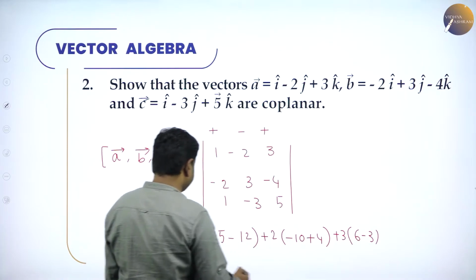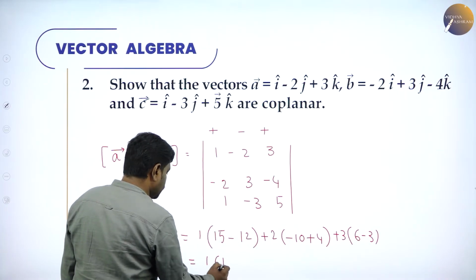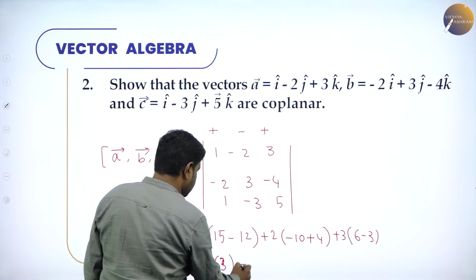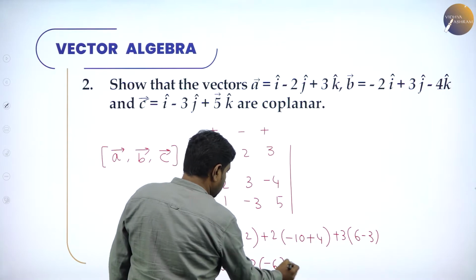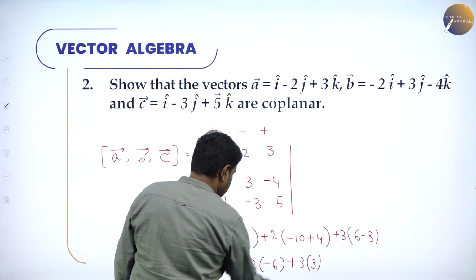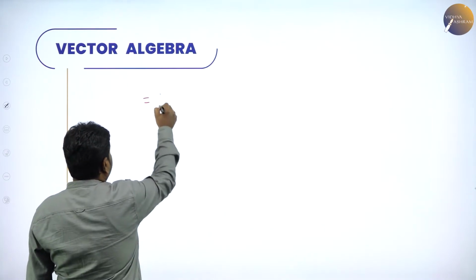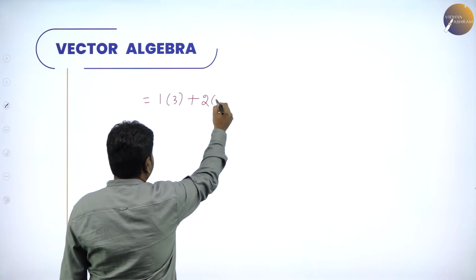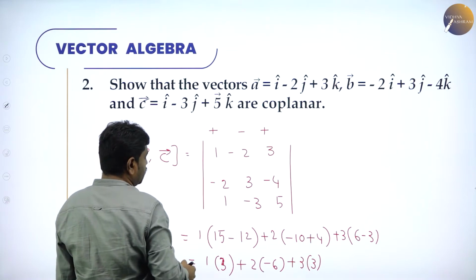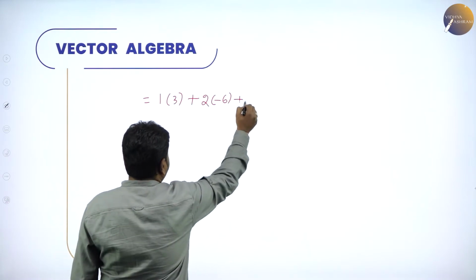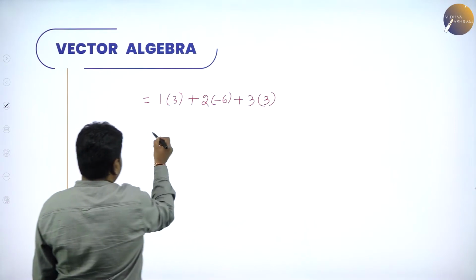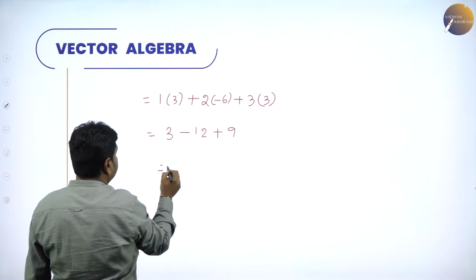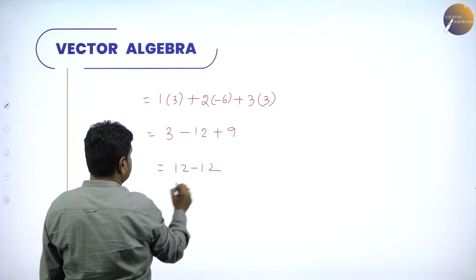Simplify this further. 1 into 12 minus 15 is minus 3, plus 2 into minus 6, plus 3 into 3. So 3 1s are 3, minus 12, 3 3s are 9. So 9 plus 3, 12, minus 12, that is 0.